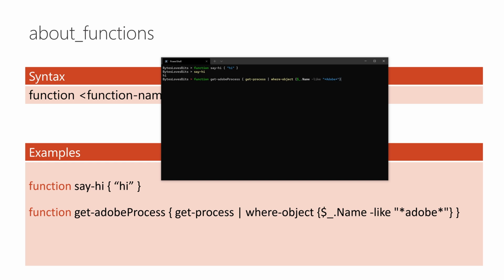And then I'm going to close the function off. So I'm going to hit enter. I've missed a curly brace, so I'm going to hit enter again. And in order to call that function, I just have to call its name. So Adobe process. And as you can see, PowerShell's returned all those process objects whose name is like or similar to Adobe.